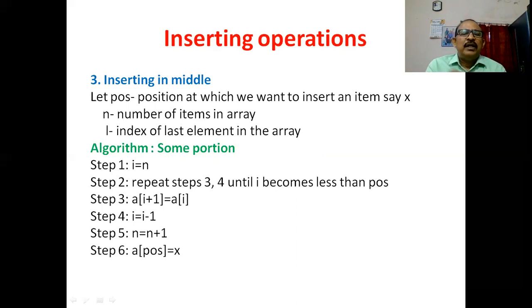Next step, A[POS] is equal to X. With the help of these steps, we can write the complete algorithm. Is it clear? I am not writing the complete algorithm here. I am leaving these things for you. I am only giving the concept of how you will do the activities and how you will design the algorithms.